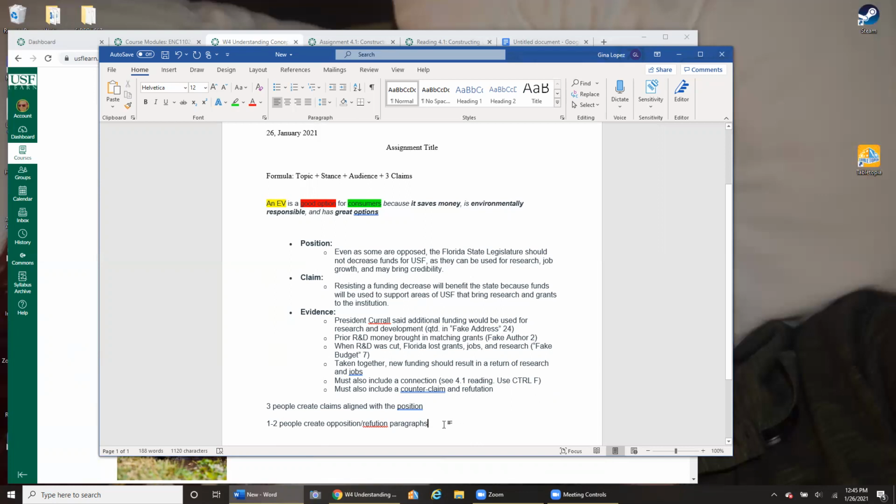Because if you look at the presentation guidelines, it does want an opposition refutation section. So these 2 people can be working on that, and maybe you only choose to use one of them. Of course, you can use both if you want.